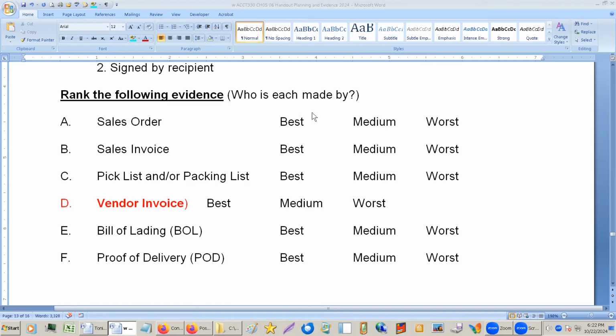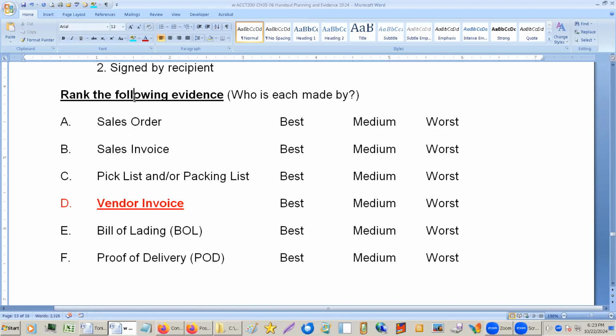Sorry about that, I just sneezed. I know I'm not crying because I'm so moved by auditing. I was cleaning up the yard today, and allergies. So if you change D to vendor invoice, we will go through these.